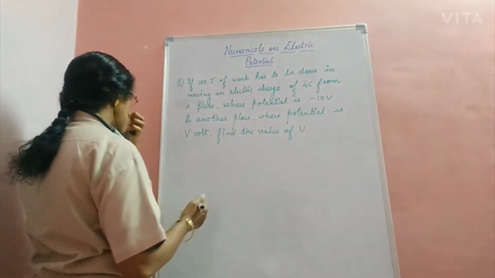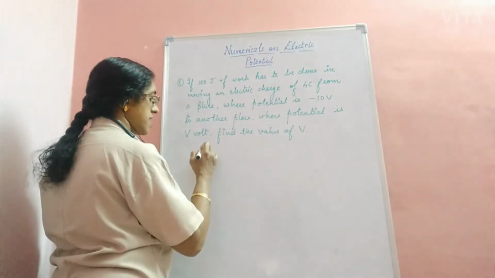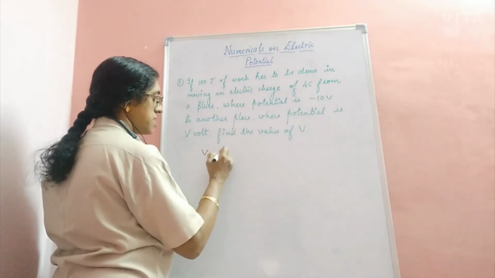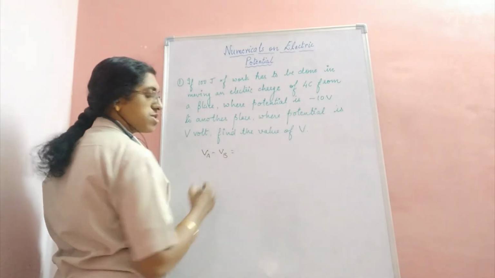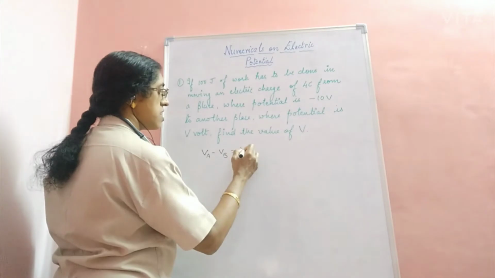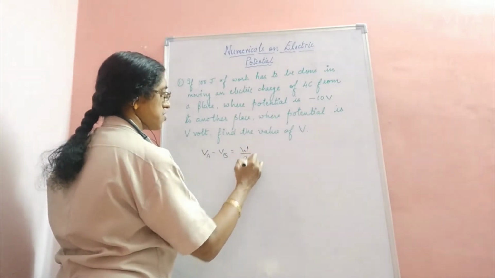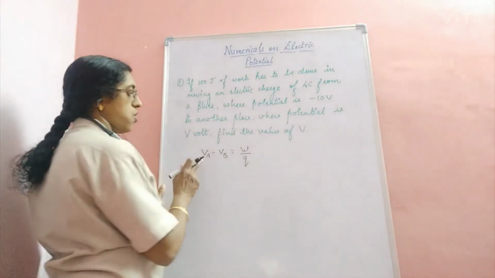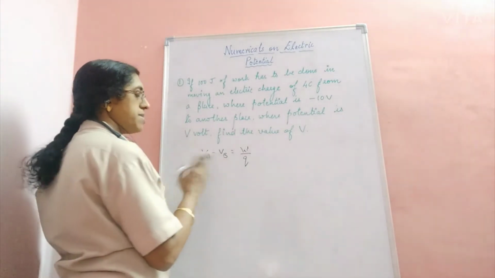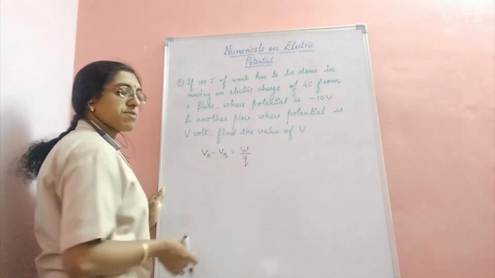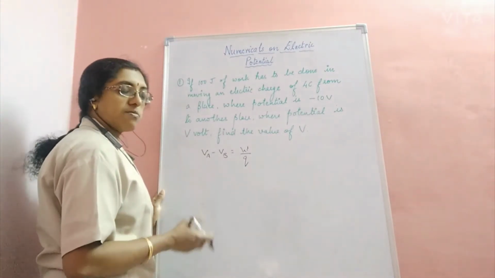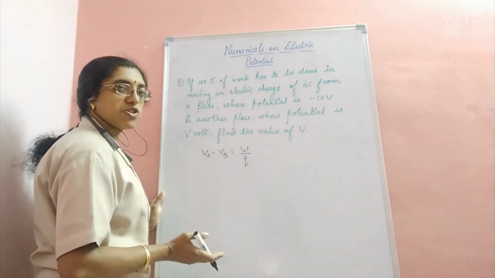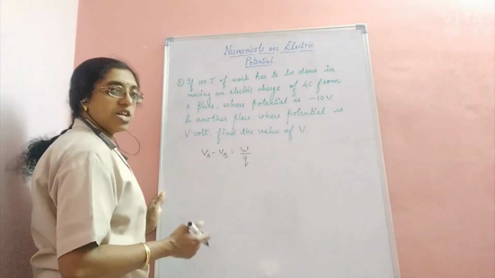As we know, the potential difference, that is VA minus VB, is equal to work done per unit charge. Here VA minus VB can be considered as the difference of the potential between the 2 points. Normally we take the potential at the final position minus the potential at the initial position.